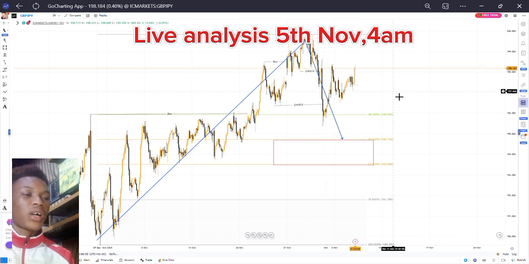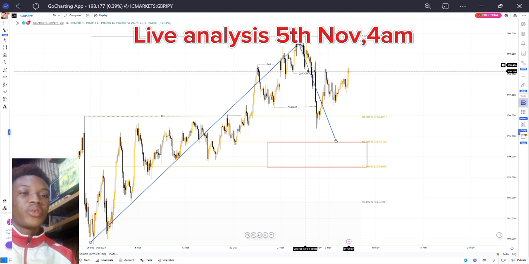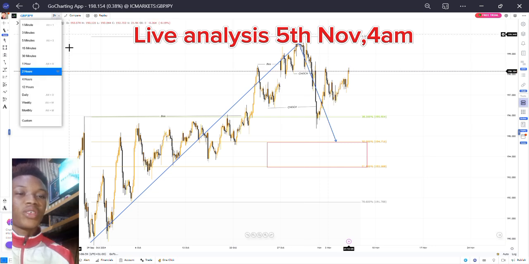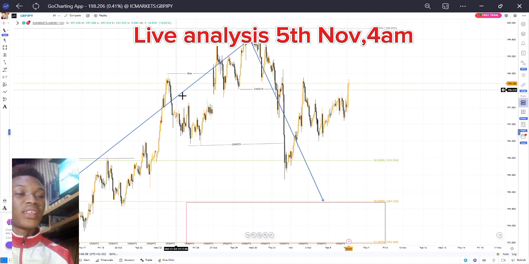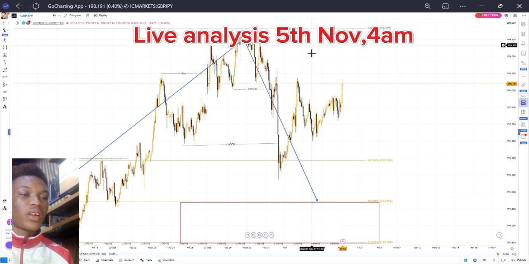So now I'll jump into the 1 hour time frame, because I just used the 2 hours time frame for my analysis. Since I've identified that this is the pullback, what I should be looking for is a short-term sell, guys. And what can I see here? This is a break of structure on the 1 hour time frame, guys. This is a BOS.